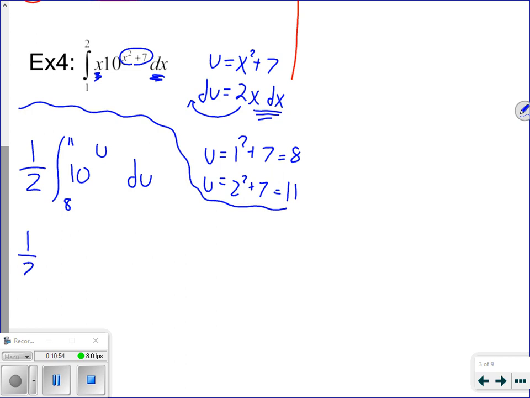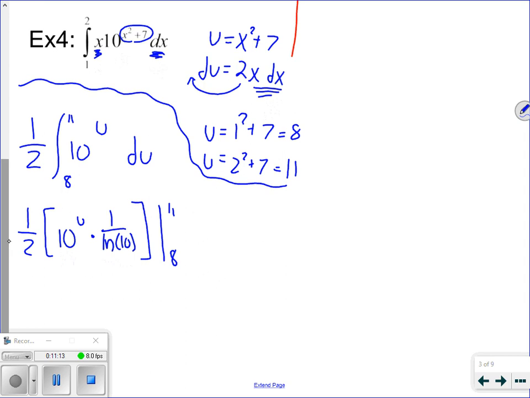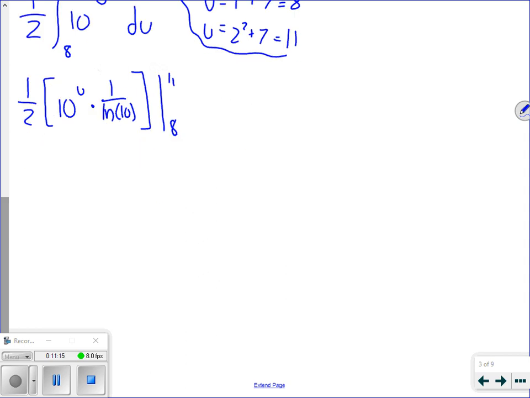So what we have is 1/2 the integral of 10 to the u. Remember the rule: the integral is 10 to the u times 1 over ln of 10, evaluated from 8 to 11. Usually when I'm doing definite integrals, I like to bring the constants out before I plug in the numbers.